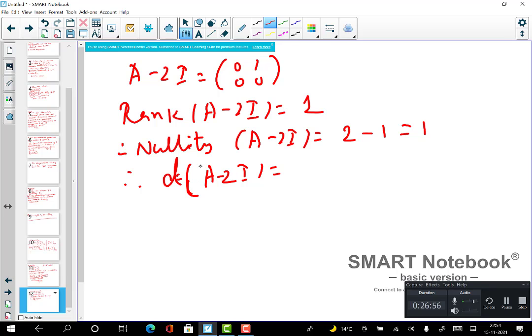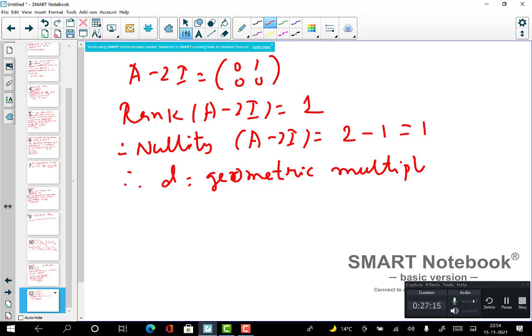Let me write down the geometric multiplicity.